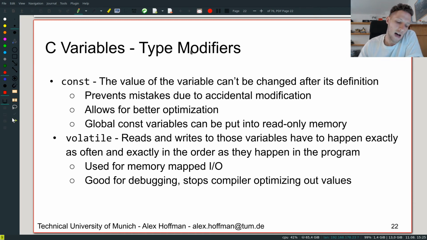It also allows us to optimize things. It can move values from RAM, which is quite limited and small, to read-only memory. Maybe we'll just keep it on our flash and never have to actually load it into RAM. Whether this is good for performance or not is another question. But we have the knowledge that we're never going to need to write to this variable, and therefore the compiler can make optimizations accordingly.